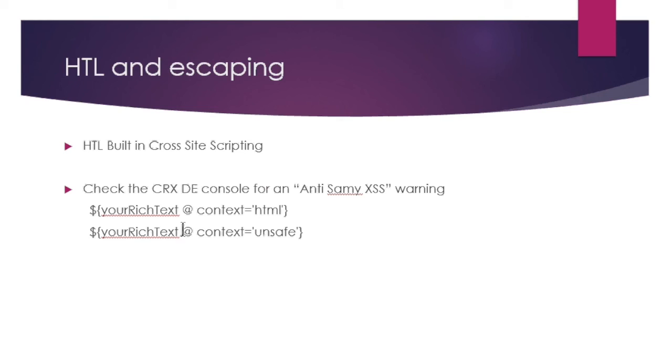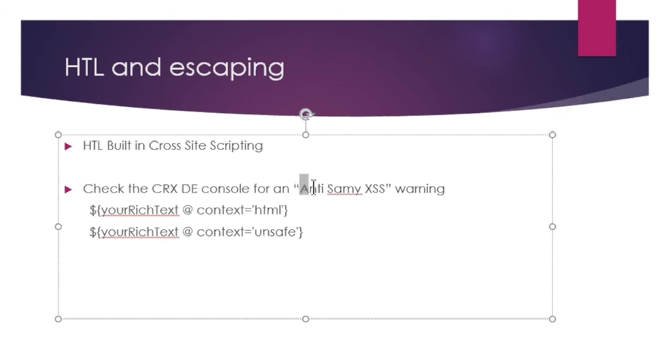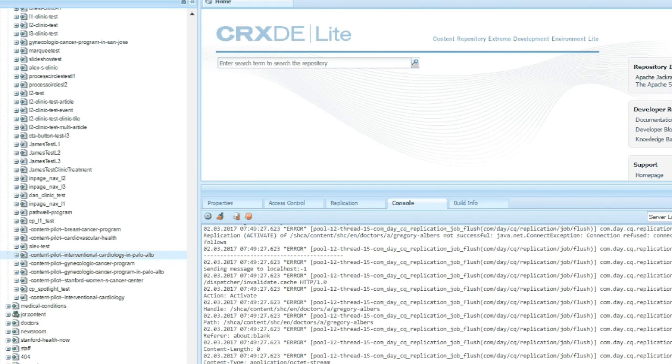And the way you know you have an error like this is you would go to your CRXDE and then you need to look for warnings for anti-SAMY XSS. I don't have a good example right now for that. We actually just fixed that error that was happening and I didn't grab a screenshot in time.